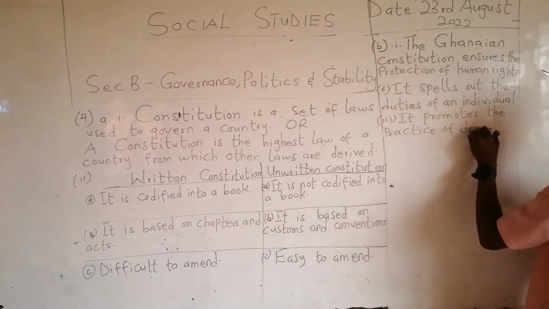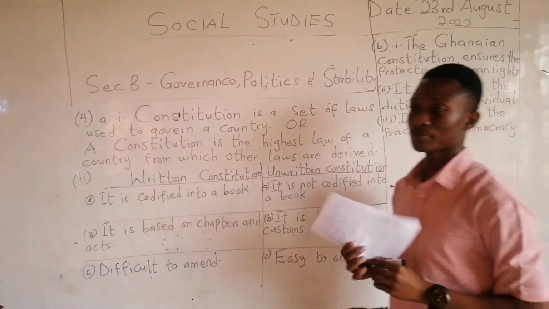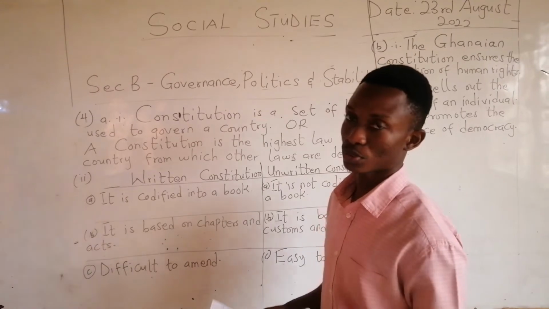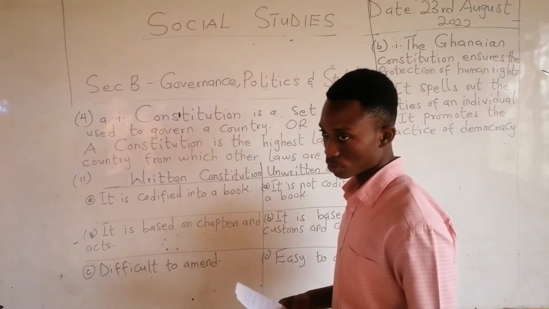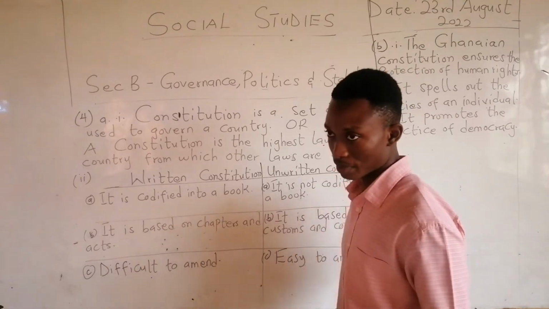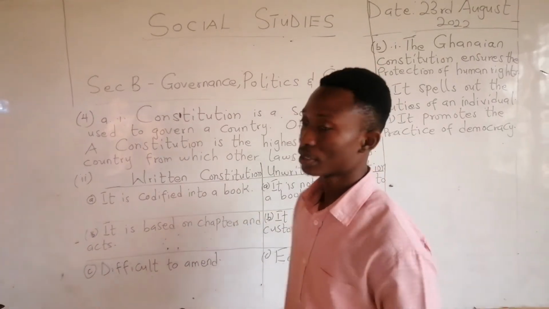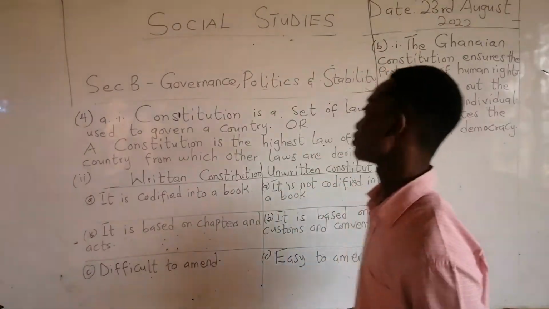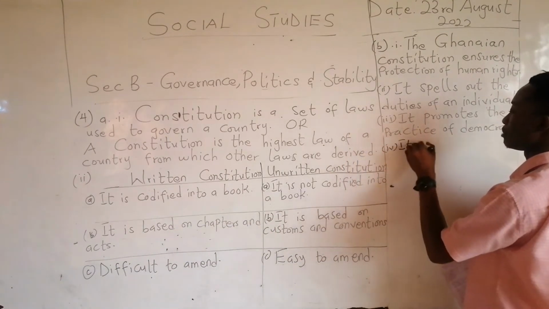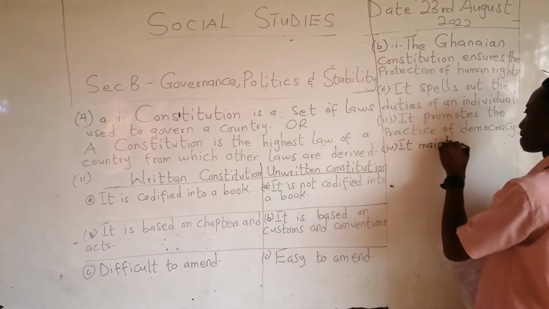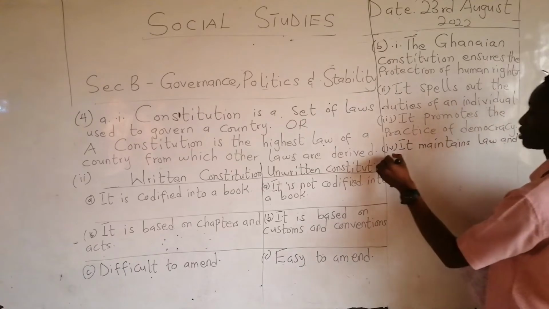Democracy is a system of government that takes its authority from the expressed views and opinions of the people, or a system of government whereby the majority will rule, or a system of government of the people, by the people, and for the people. And 4, it maintains law and order.